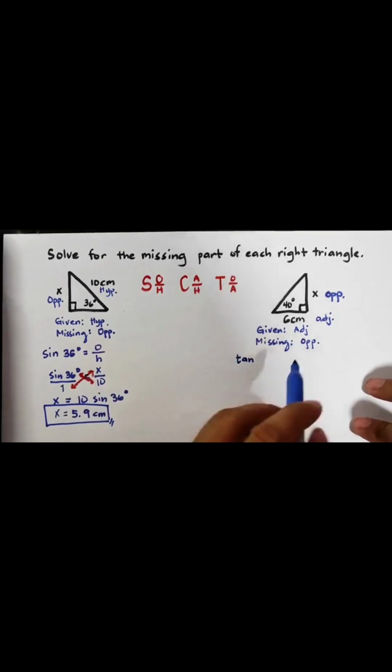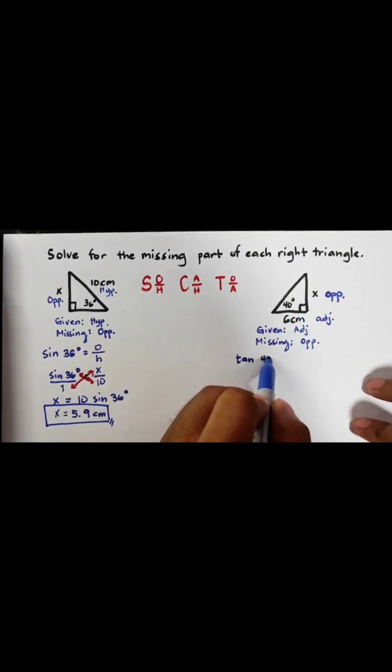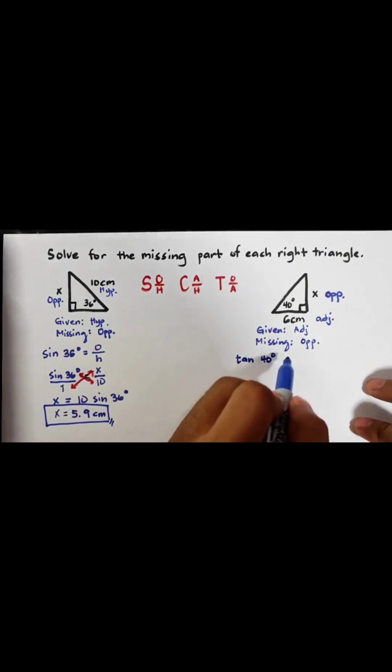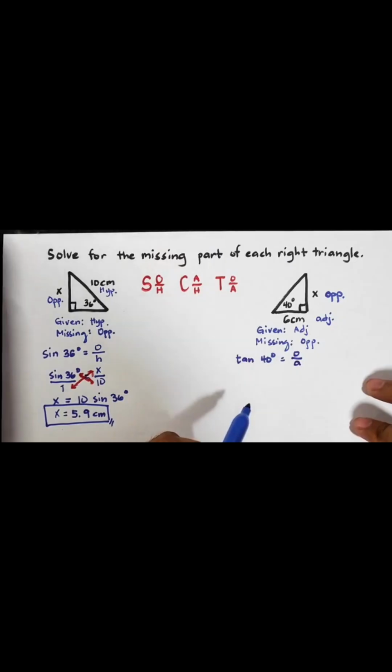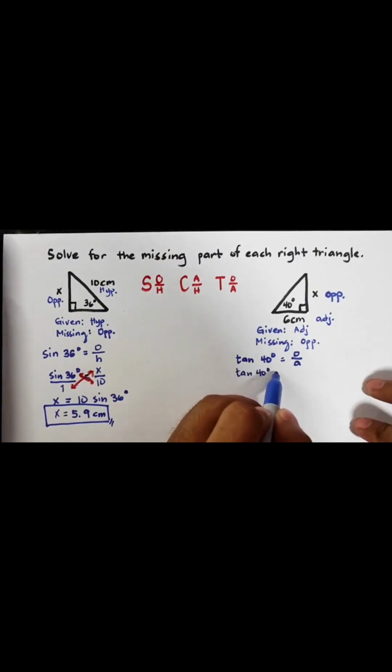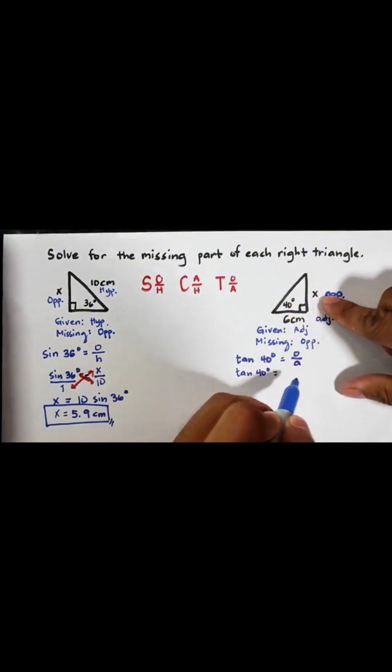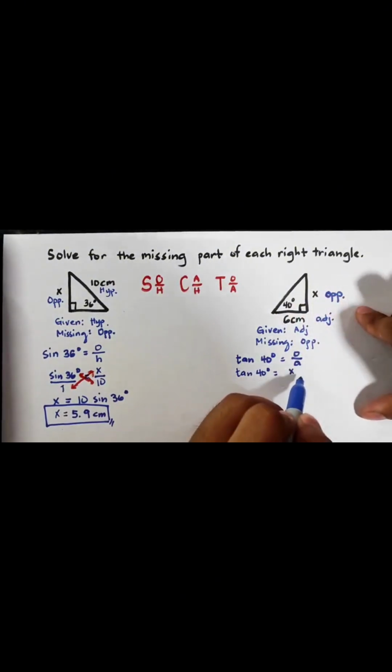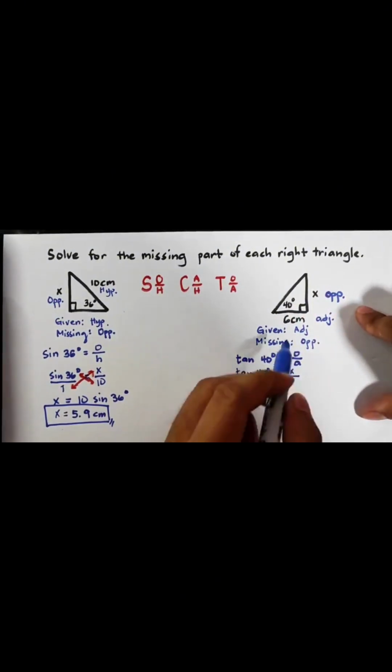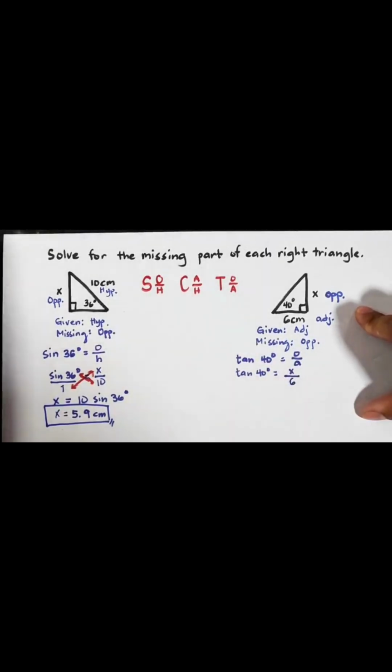That is tangent 40 degrees. Then copy the ratio, opposite over the adjacent side. Tangent 40 degrees is equal to your opposite side, which is x, over the adjacent side, which is 6.